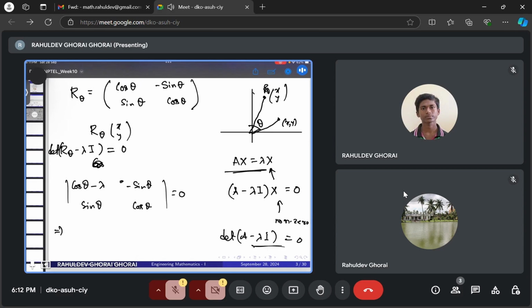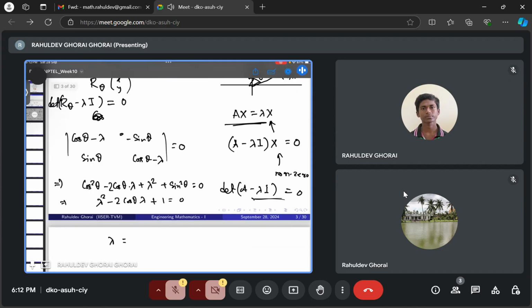That implies cos square theta minus 2 cos theta lambda plus lambda square plus sin square theta is equal to 0, so lambda square minus 2 cos theta lambda plus 1 has to be equal to 0.